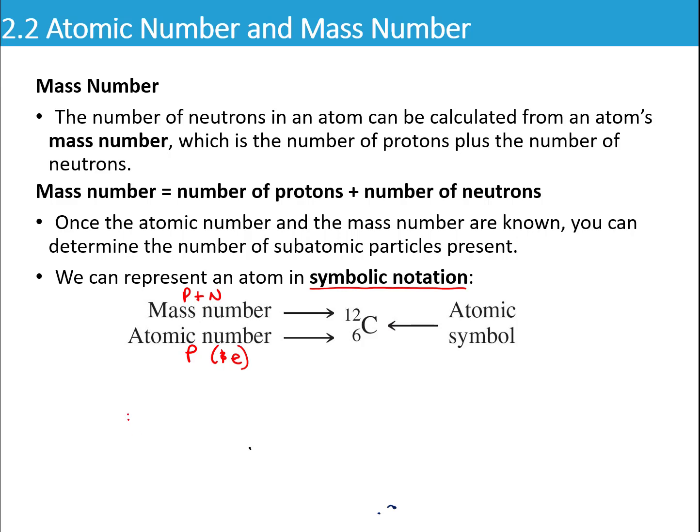So for example, iodine. If I had iodine 53 and 131, looking at that, how many protons? 53. How many electrons? 53. And how many neutrons? 78.